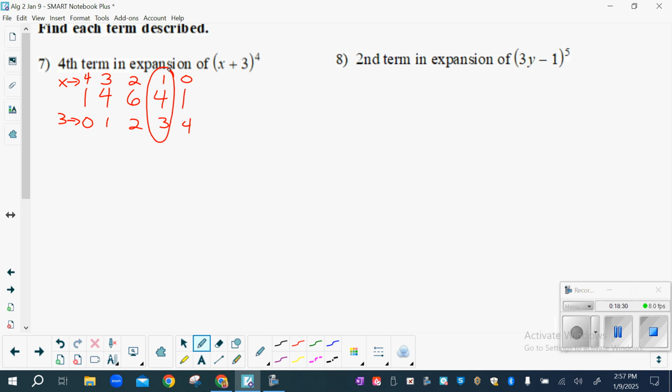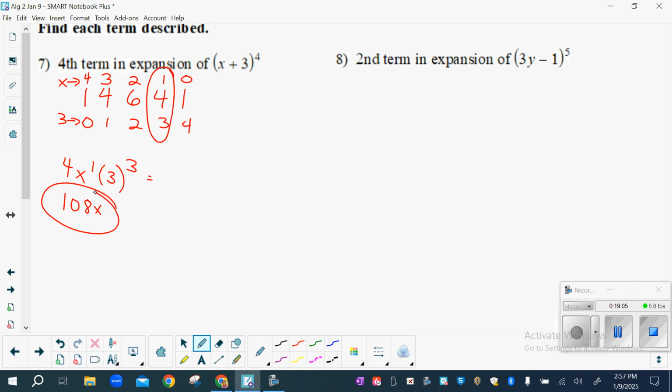My coefficient from Pascal's triangle here is 4. What is my exponent on my x? It's a 1. The exponent on the 3? What do we get, 0, 1, 2, 3, 4, and 4, 3, 2, 1? It would be 3. So I simplify that. 3 to the 3rd is 27 times 4, 108x.